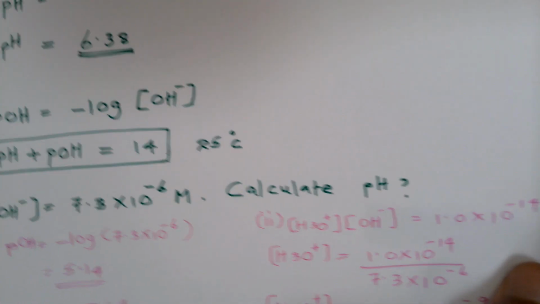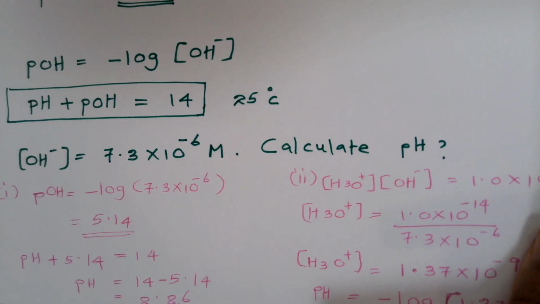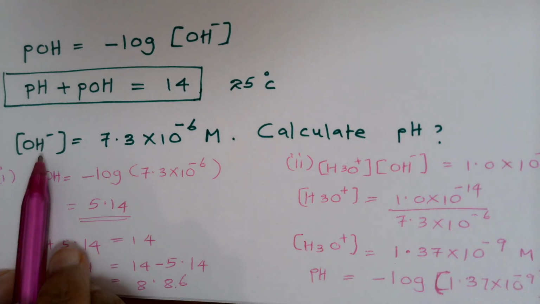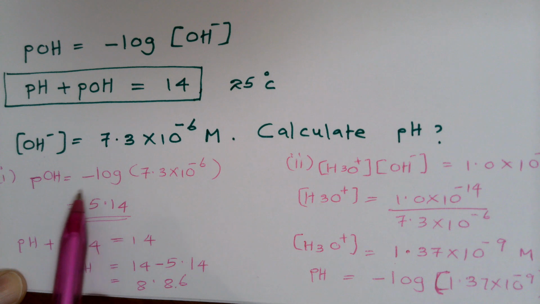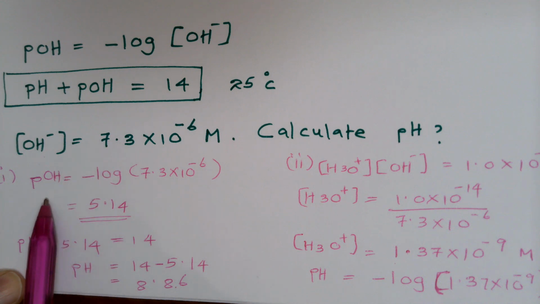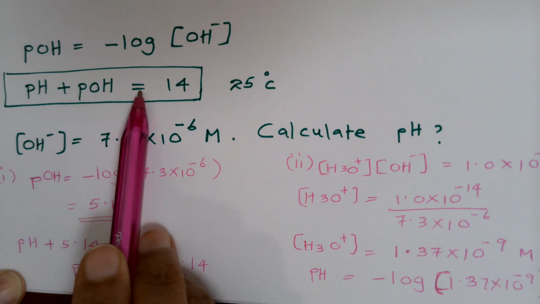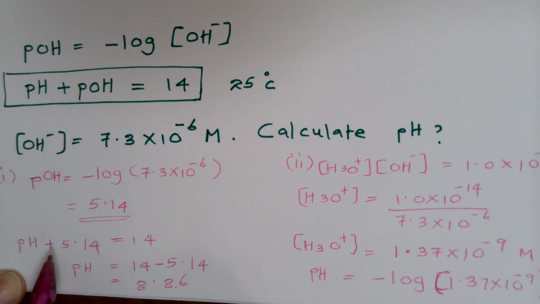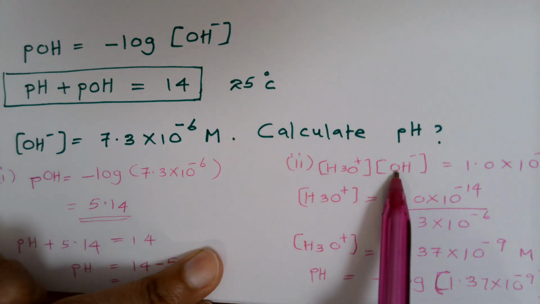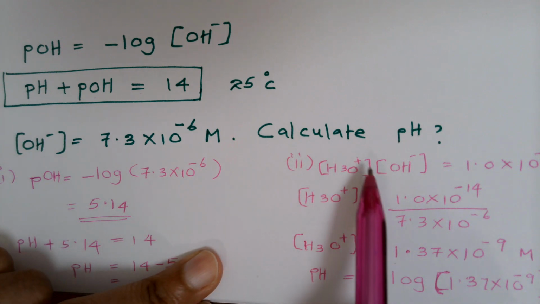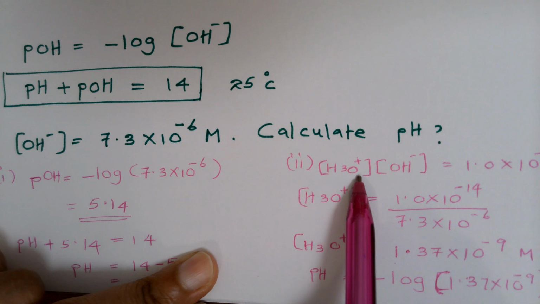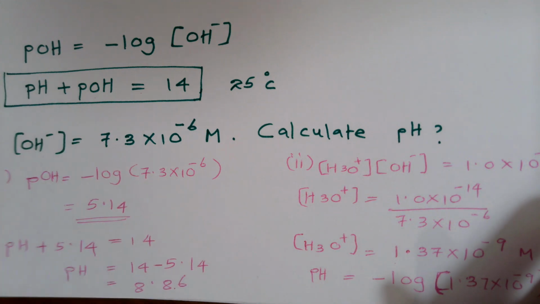Let's review how we can complete the question. If you have the OH- concentration, the first method is that you calculate pOH, and then apply the equation pH plus pOH equal to 14 to get the pH directly. Another method is, if you know the OH- concentration, you can calculate the H3O+ concentration using the Kw expression.